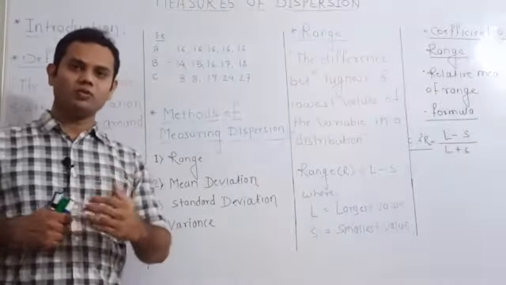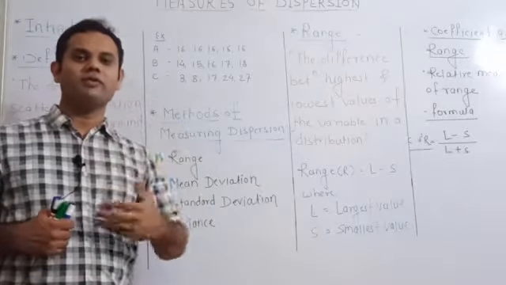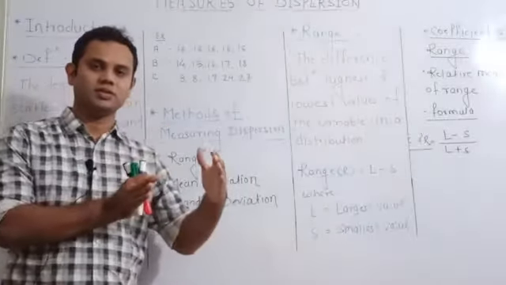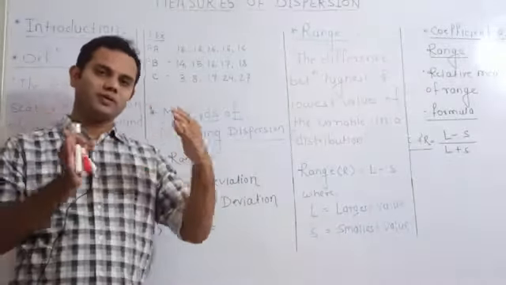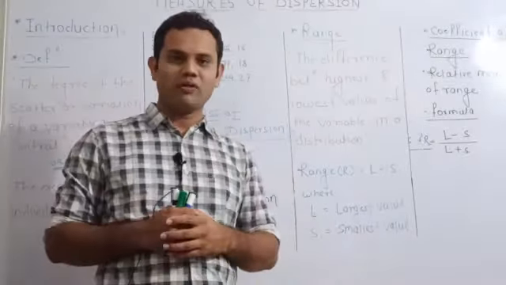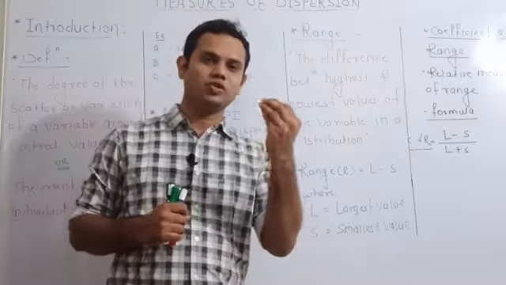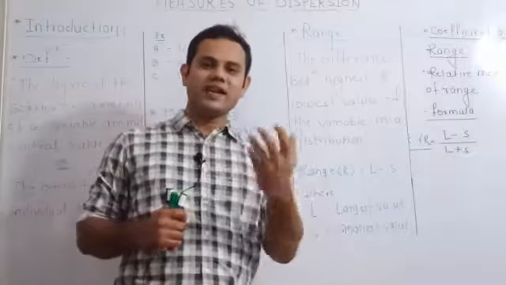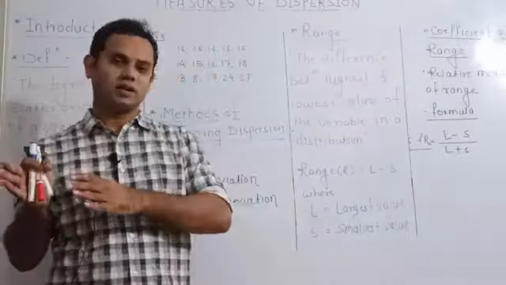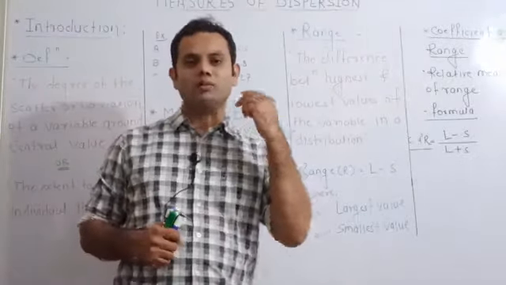So mode is simply the most frequent value or most highly repetitive value of a distribution. For example, if you are given a set of around 8 observations, and in that a particular number, say 2, occurs three times, and no other value occurs 3 times, other values occur a maximum of 2 times, then that 2 will be your mode.